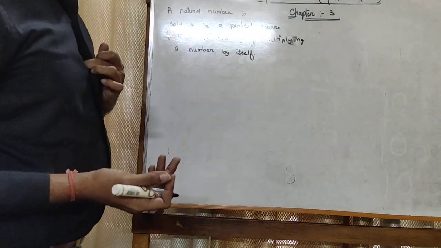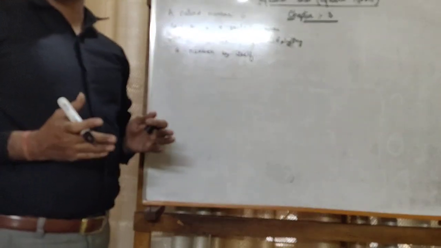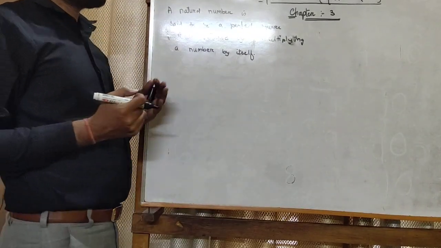So what we can say about a perfect square number? Perfect square numbers are those numbers which are obtained by multiplying the number by itself.